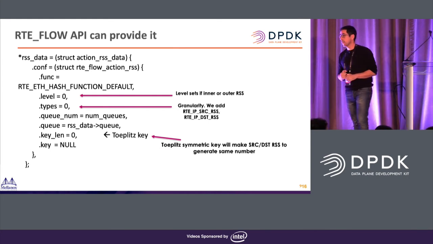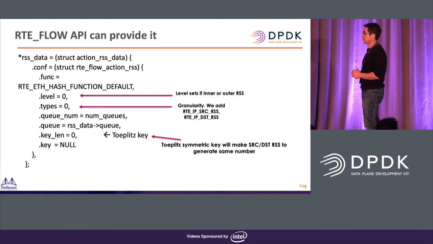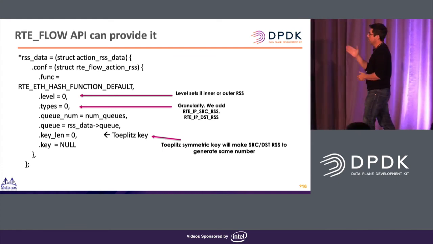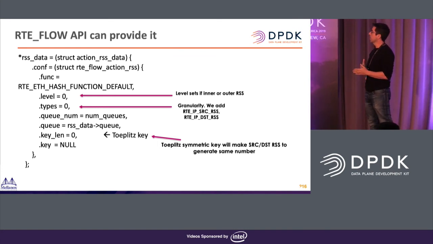It already has an RTE FLOW API for RSS. This is how it looks. You have level. 0 is the default, 1 means the outer, 2 means the inner. Maybe in the future, we might have more levels because you have underlay, maybe all of this on VXLAN or something.